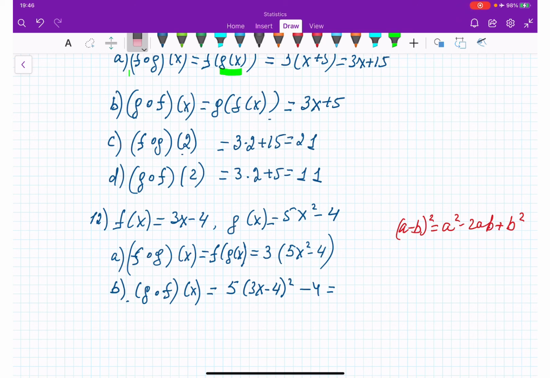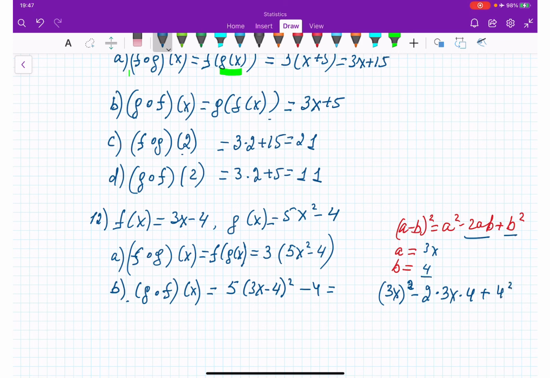Now my a is 3x, and b is 4. If I start opening these parentheses, I have a squared, which is 3x squared, and then minus 2ab, which is 2 times 3x times 4, and then plus b squared, which is 4 squared.